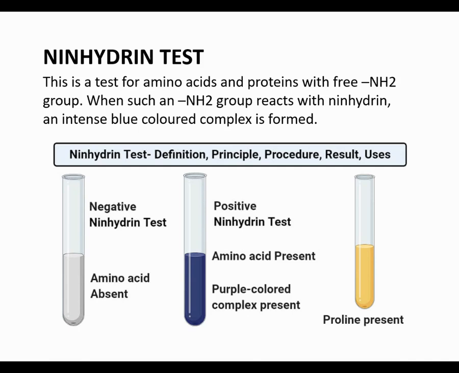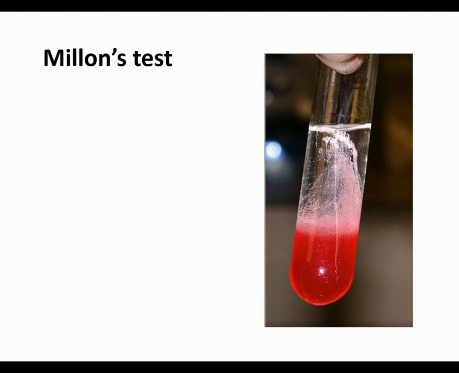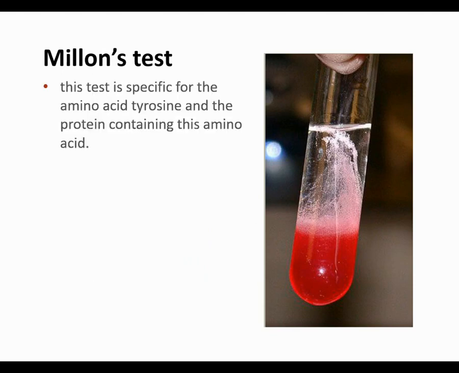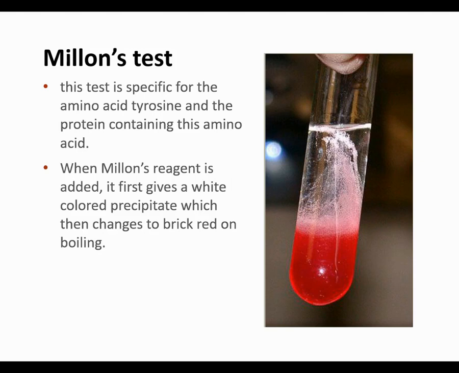Now the next one is the Millon's test. The Millon's test is used to identify tyrosine inside a protein, so it's specific for tyrosine. When the Millon's reagent is added to the protein solution, it gives first a white colored precipitate, and then when you boil it, it will turn to brick red.